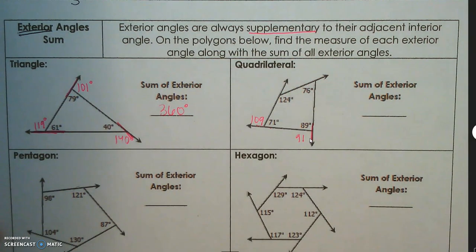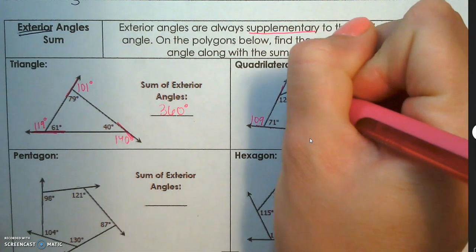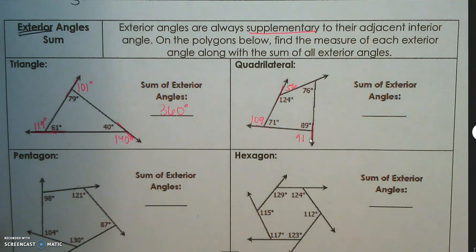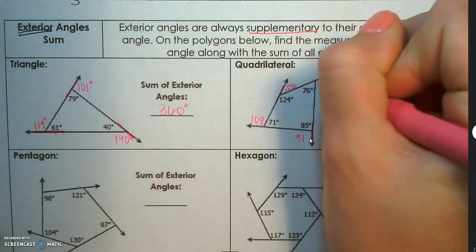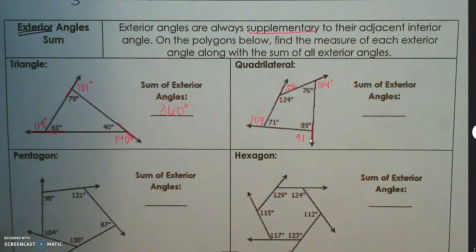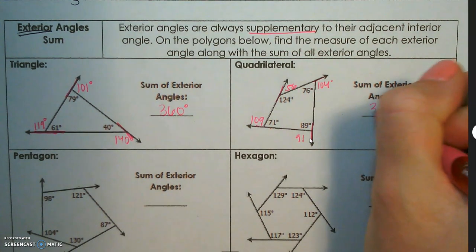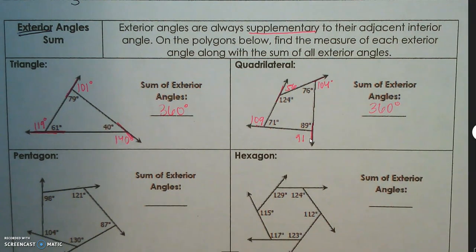We have 180 minus 124. And we have 180 minus 76. Okay, let's add up all four exterior angles. We have 109 plus 56 plus 104 plus 91. And that gives us, again, 360 degrees.